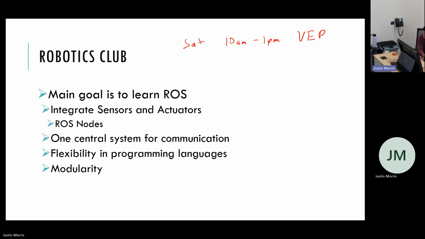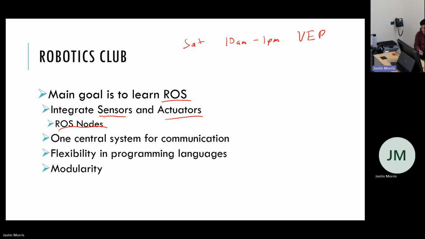So the main goal that I have with these students right now is to teach them ROS. ROS is Robotics Operating System. Again, like we talked about before, this is system level design, right? And the very first thing that they learn is how can I integrate sensors and actuators as ROS nodes?